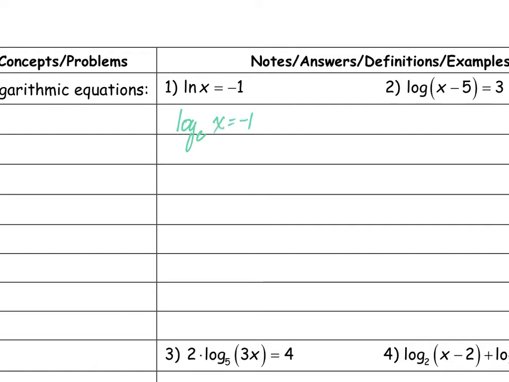Because there's no base on the natural log, so I cannot switch it directly. It has to be in the log form. So I have to switch the natural log back to log base e, and then I switch it to exponential form, and this becomes e to the negative 1 equals x.